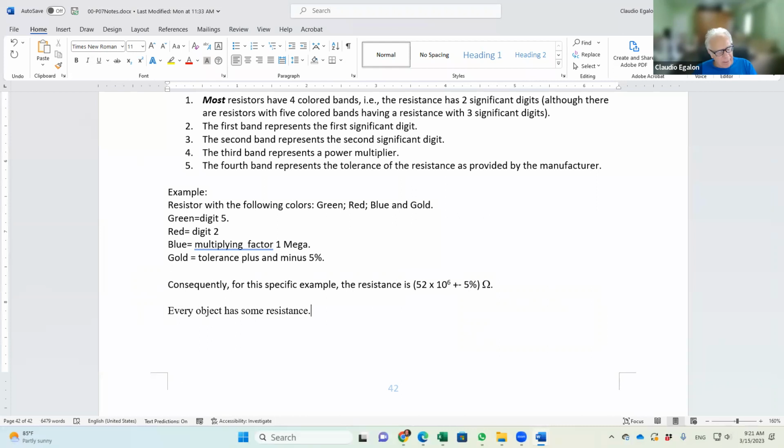Even my hand has a resistance. Wood has resistance. Metal has resistance. The difference is that metals are so conductive, so good conductors, that their resistance is very, very low, very small. I can even measure some of those with my multimeter.